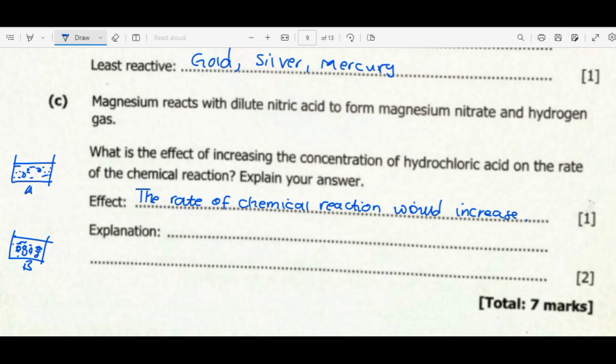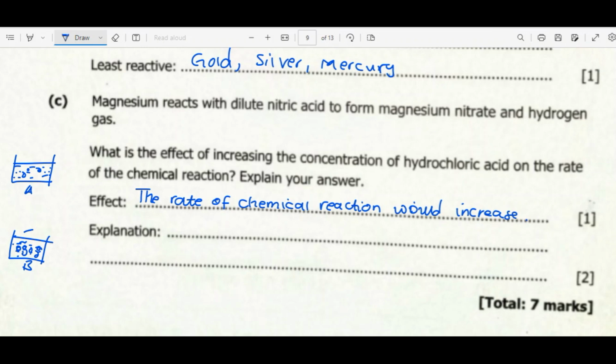So it's much easier for particles in B to collide compared with the particles in A, because in B the particles are close together and it's easy for them to collide, because if you look at the reaction, it's about the colliding of atoms of different elements. So that's the explanation that you should give.